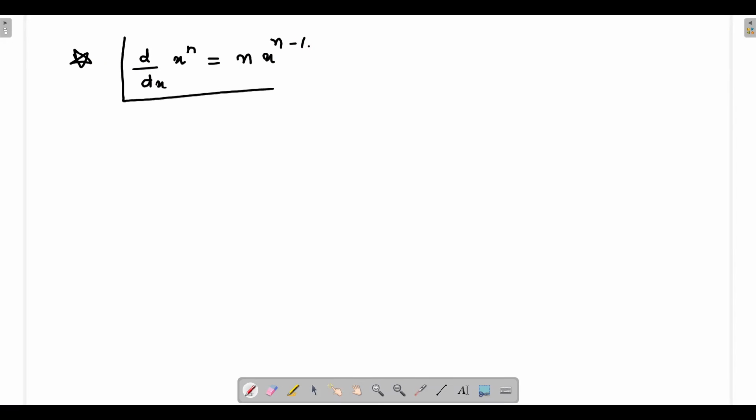It is a very important formula, but don't worry, you will be able to remember it as you solve the problems. So the derivative of x raised to n is equal to n times x raised to n minus 1. This is the formula. Now let us look at the derivative of polynomials.